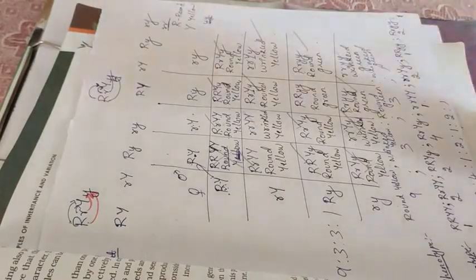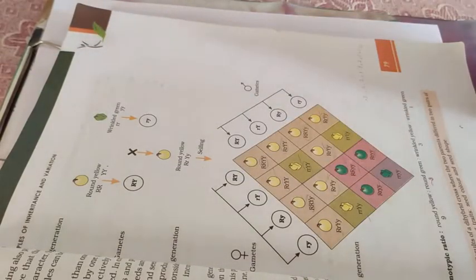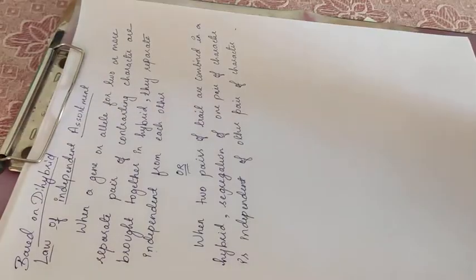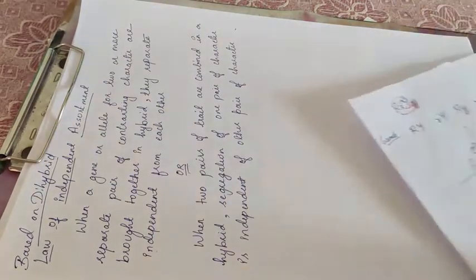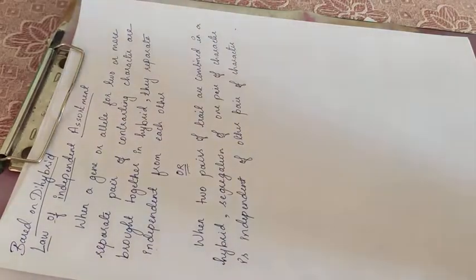There is one more law which was suggested based on this dihybrid cross. Based on the monohybrid cross, Mendel suggested the law of purity of gametes, if you remember. I told you the law of dominance is one. Here, based on the dihybrid cross that he conducted, he got to know one more, and he gave the law of independent assortment.